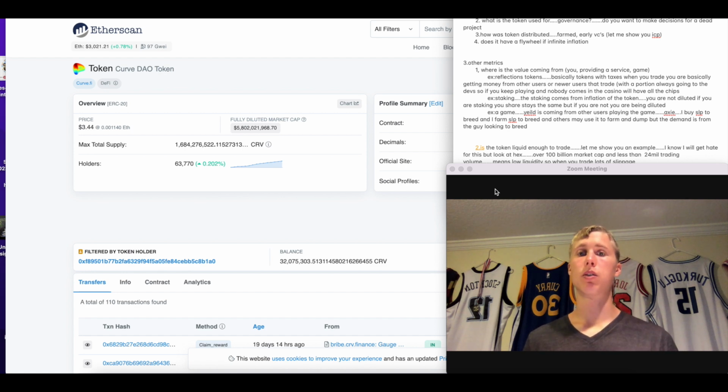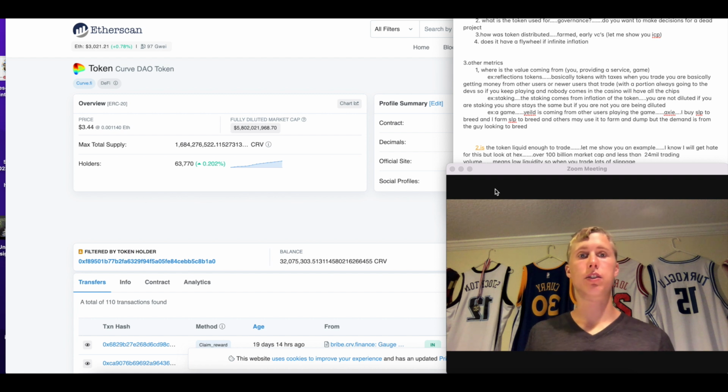Now, another one is a game. Where's the yield coming from? Well, let's take, for example, Axie Infinity, the SLP token. How is that coin still at least worth a penny if everyone is just dumping it? Well, there is a use case for SLP. You actually use SLP to breed with other Axies. It's needed for breeding in order to keep playing the game and get higher level Axies.